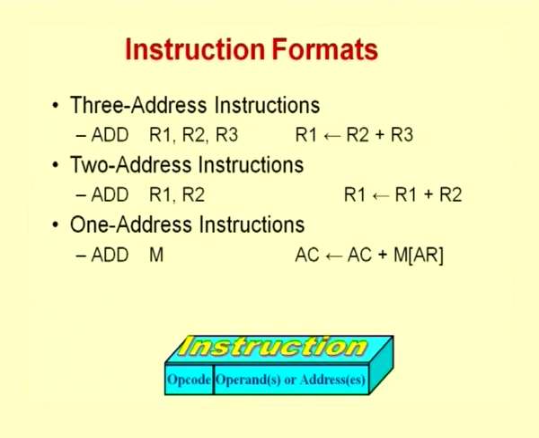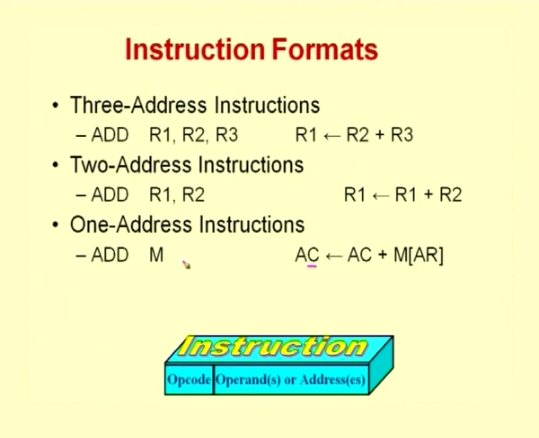Next is a 1 address instruction. So, what happens in a 1 address instruction is, for instance, I have something like add M. This can be an example of a 1 address instruction. What is the meaning of this? This means that the other operands which are not specified here are actually there in an accumulator. Okay. So, let us say AC is my accumulator.